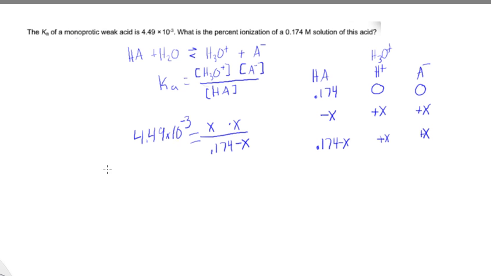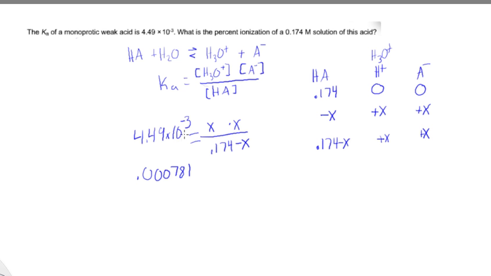it. So I have 4.49 times 10 to the negative 3 times 0.174, and that is 0.000781.